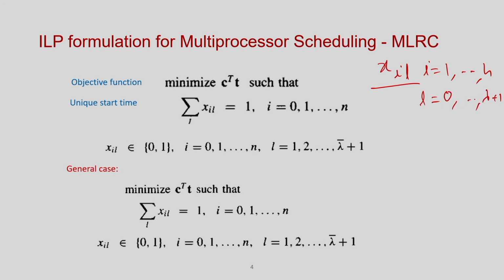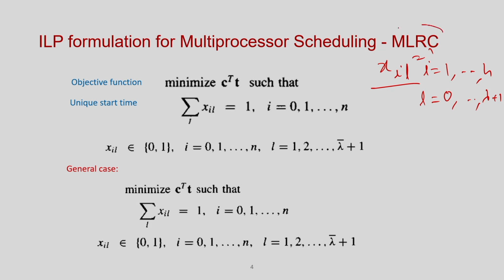If operation v_i is scheduled in timestamp l, then this will be 1, otherwise it will be 0, and this is what I am going to identify through the ILP formulation. I hope you remember that formulation.